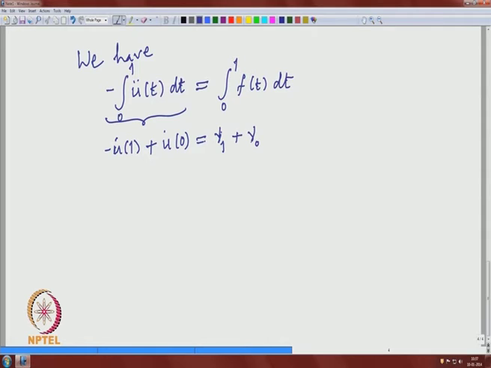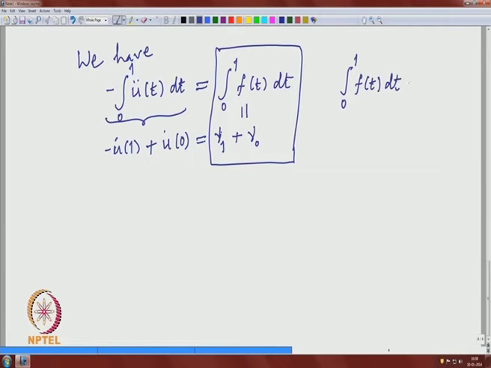Okay. So, hence we have this equality between the forcing term and the boundary conditions. Necessarily the forcing term and the boundary condition should satisfy this. Let me write it: the integral from 0 to 1 of f(t) dt is equal to gamma 1 plus gamma 0.